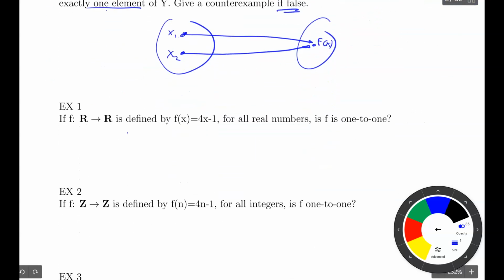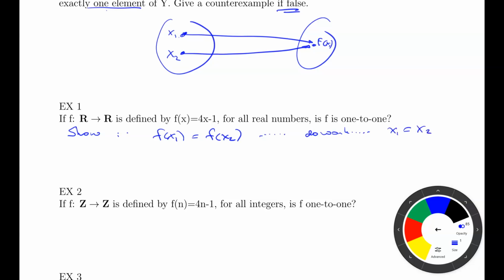Okay, so is this function one-to-one? If it is, then what I'll need to show is that if f of x1 equals f of x2, then I need to do work and get to a point where I say x1 equals x2.